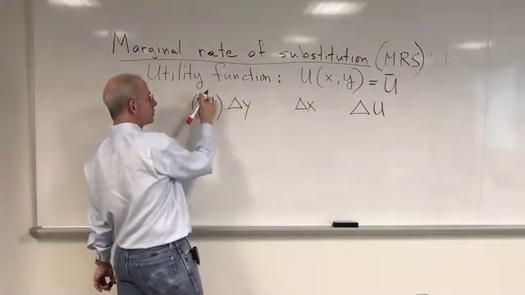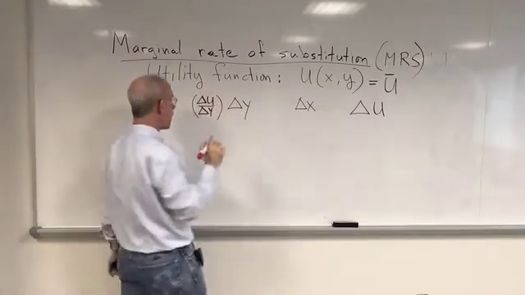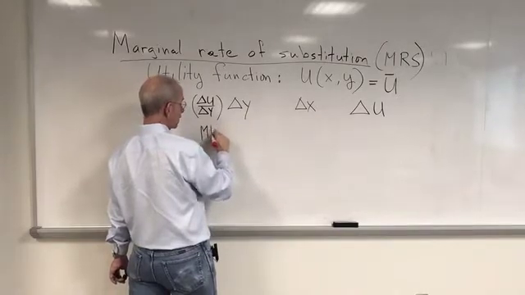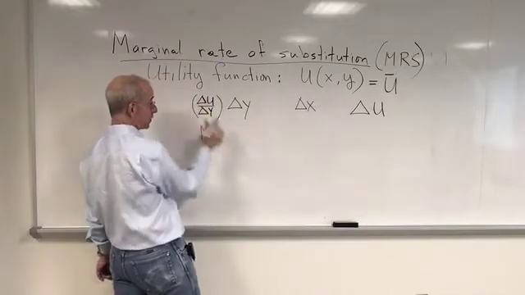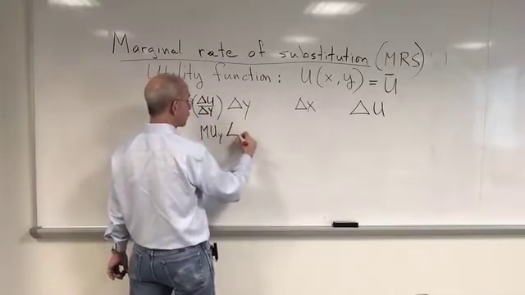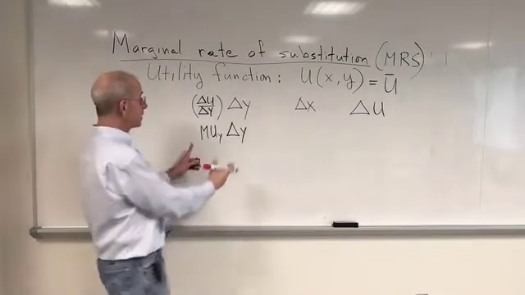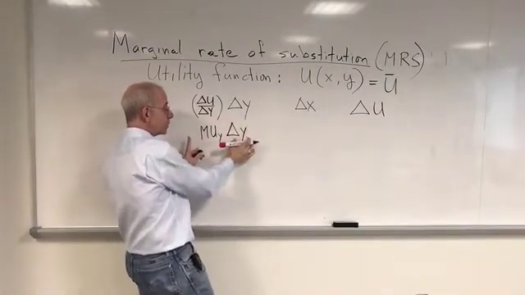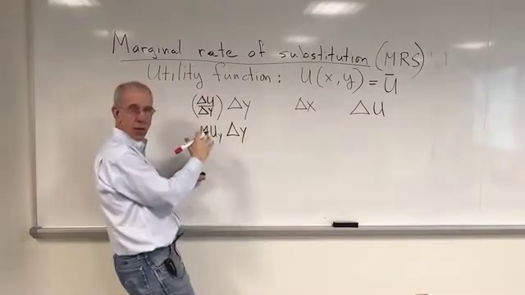And this, how utility changes with a small change in Y, is another way of saying the marginal utility of Y. These two are the same thing. And then we've got the change in Y. So this is how utility can change when I change how much I consume of this, and the marginal effects.